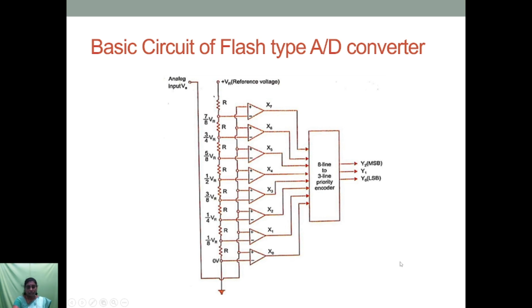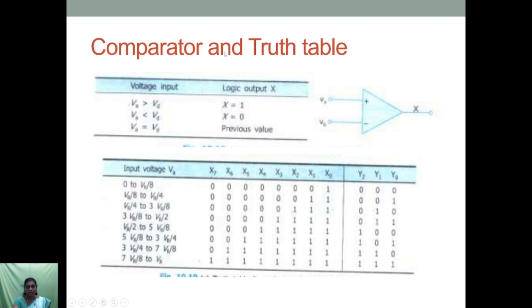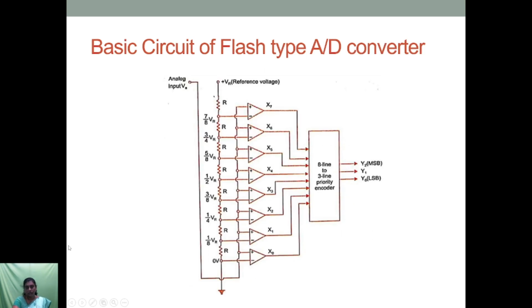So before going to the operation of this circuit, I will explain the comparator logic. This truth table represents the comparator logic. In this circuit we have used 8 comparators. Each comparator has 2 inputs. At the positive input we have given the analog input voltage.